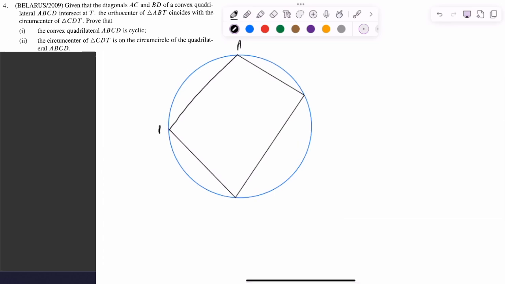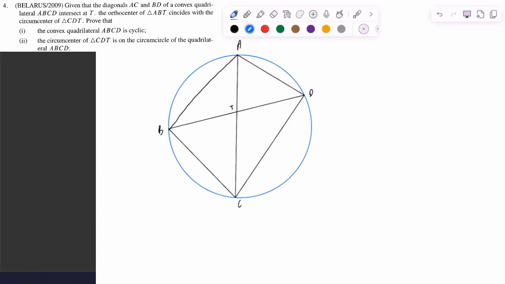Let's do this ABCD. So BD intersects AC at point T. First of all, let's mark out the orthocenter of ABT.